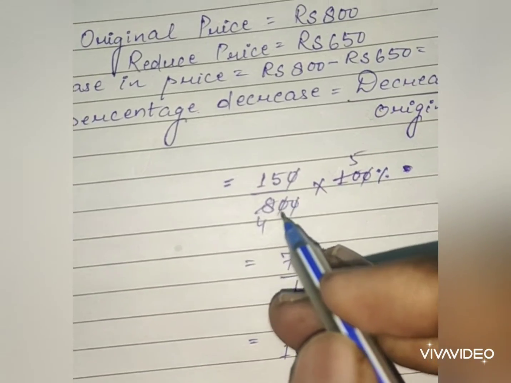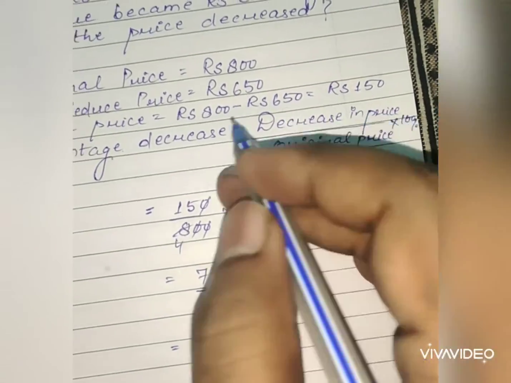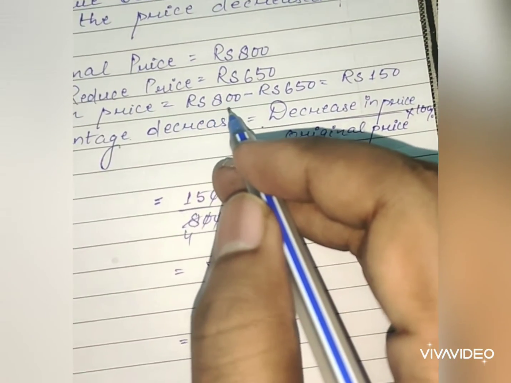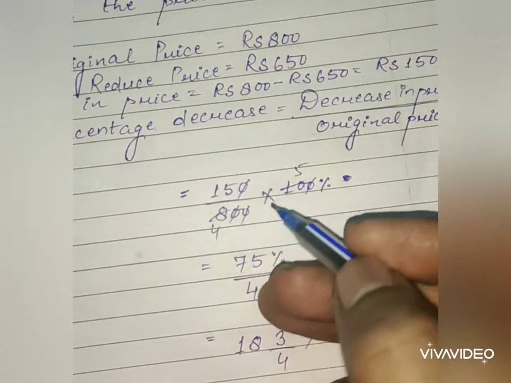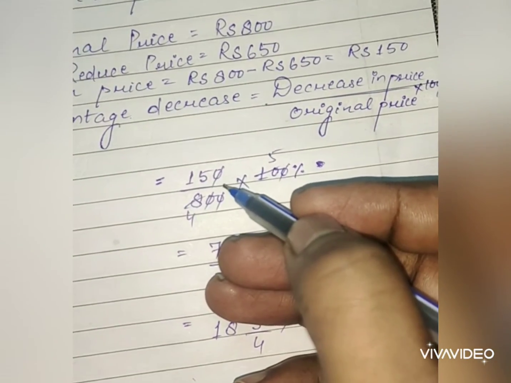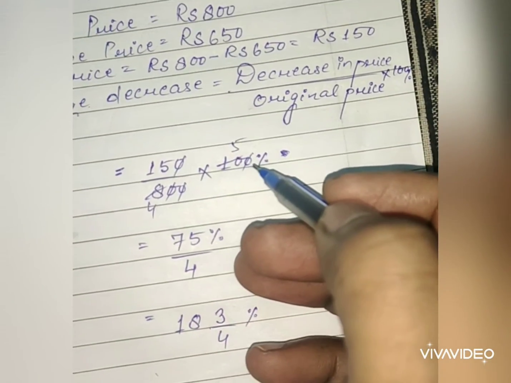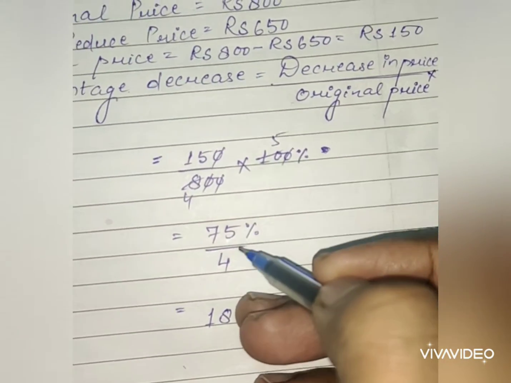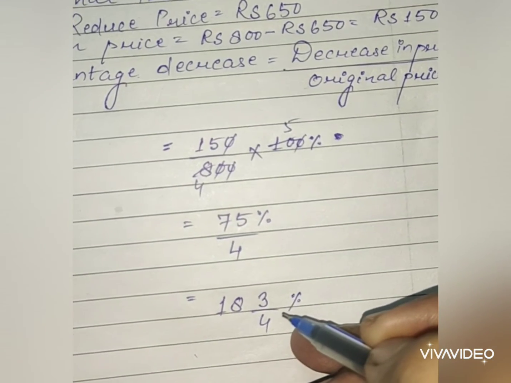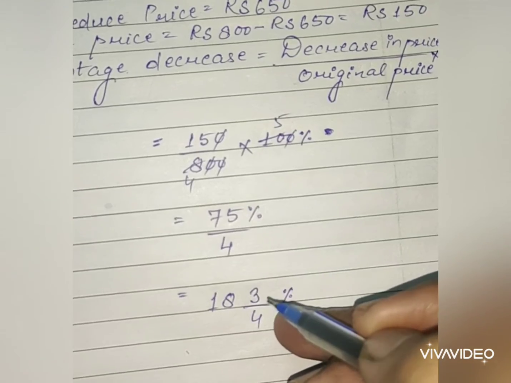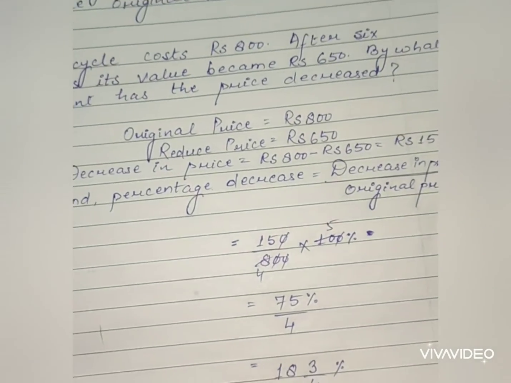So 150 was the decrease in price, which we calculated after subtracting the reduced price from the original price. The original price was 800, multiplied by 100%. So that is 75 upon 4%, or we can also write it as 18 3 by 4%. I hope it is clear. Let's see the next question.